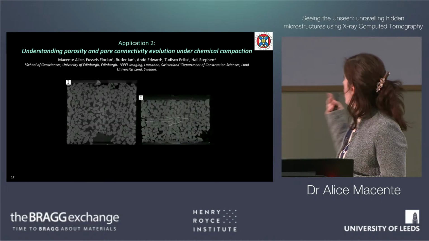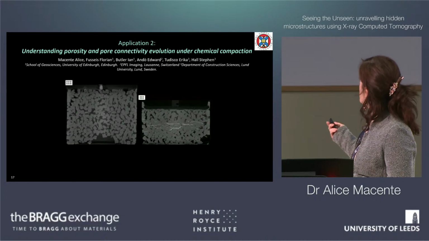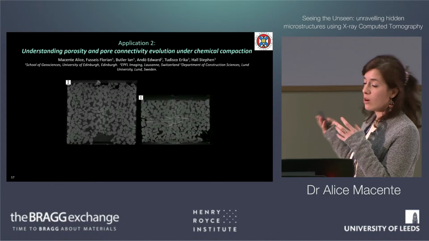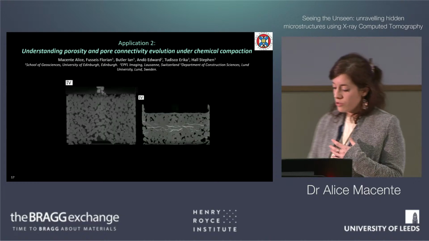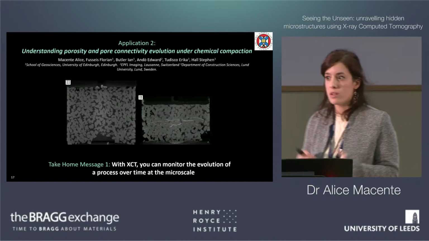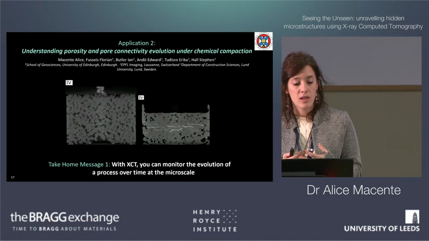And as you see, the samples are compacting over time, the grains are fusing to each other, and the overall black content, which is the porosity, is also reducing over time. So we can really say that with the microCT we can actually watch the process and monitor its evolution over time.